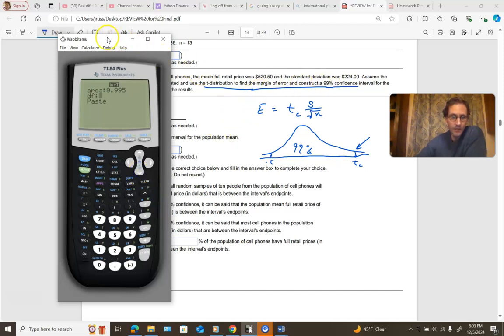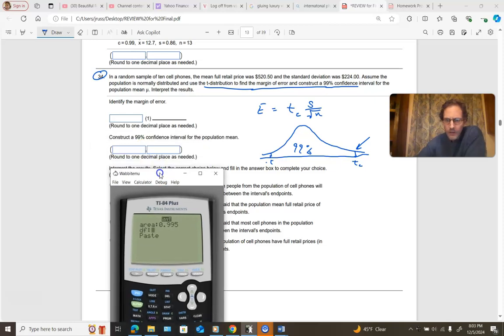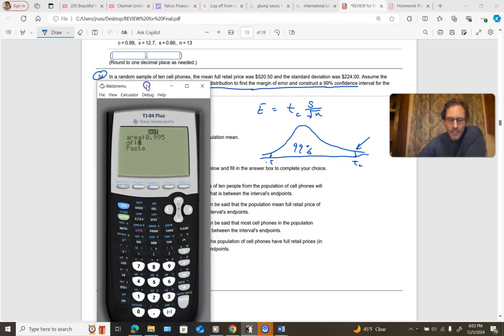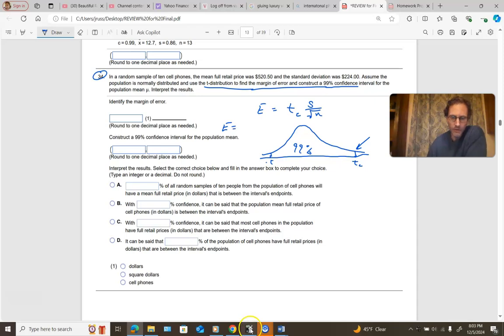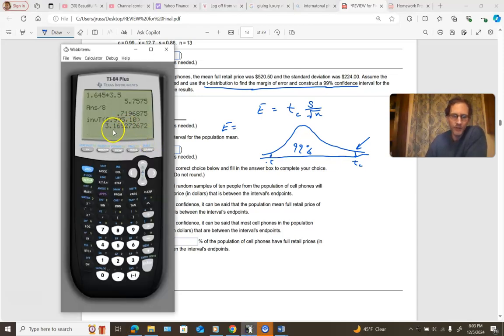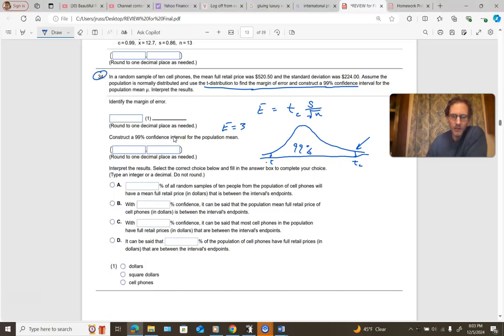And then the degrees of freedom, let's see here. This is a sample of 10 cell phones, okay? So I put a 10 in there. I can paste this in, and that is my critical t-score. So the margin of error is going to be equal to, let me round this to 3 decimal places, 3.169 times the sample standard deviation over the square root of the sample size, okay?